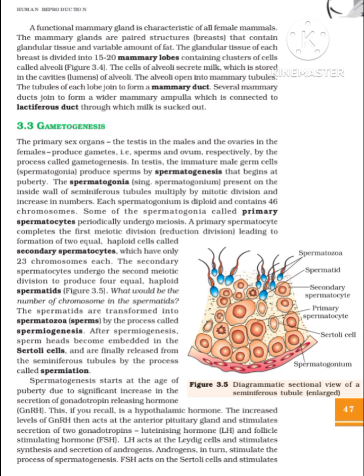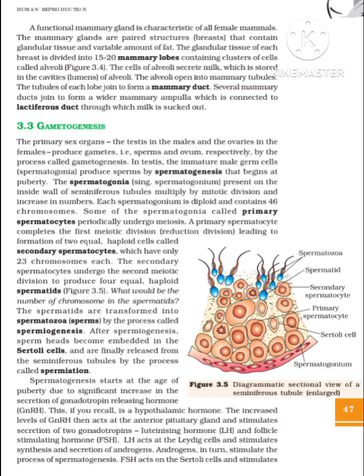The secondary spermatocytes undergo the second meiotic division to produce four equal, haploid spermatids, figure 3.5. What would be the number of chromosomes in the spermatids? The spermatids are transformed into spermatozoa, sperms, by the process called spermiogenesis. After spermiogenesis, sperm heads become embedded in the Sertoli cells, and are finally released from the seminiferous tubules by the process called spermiation.